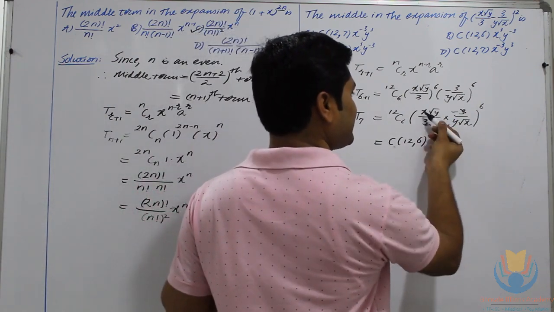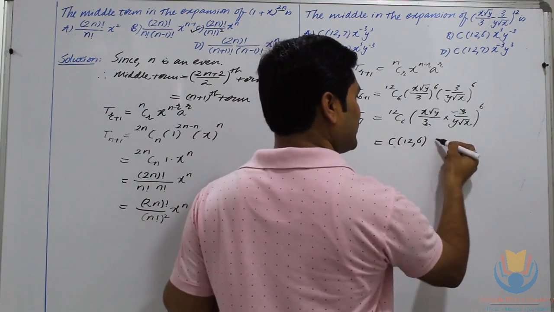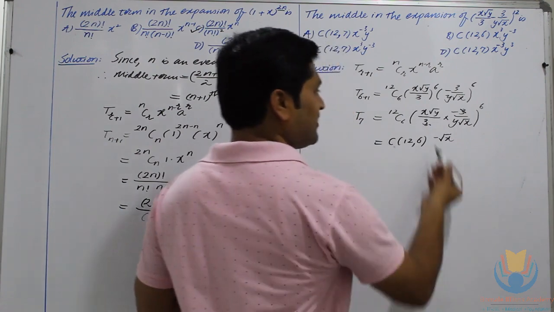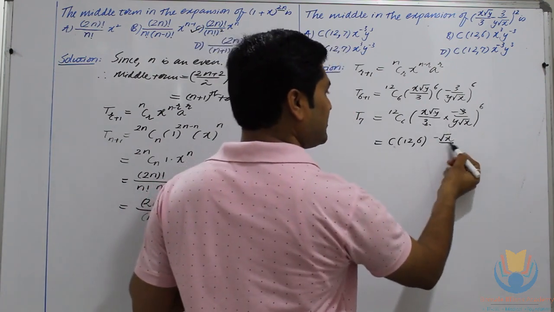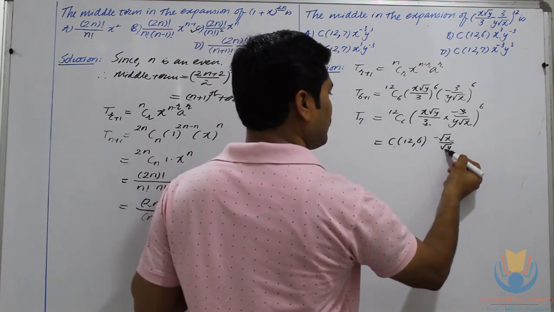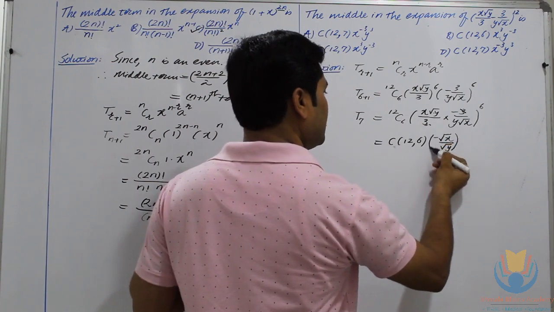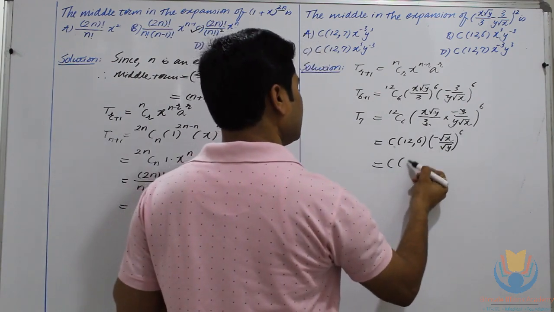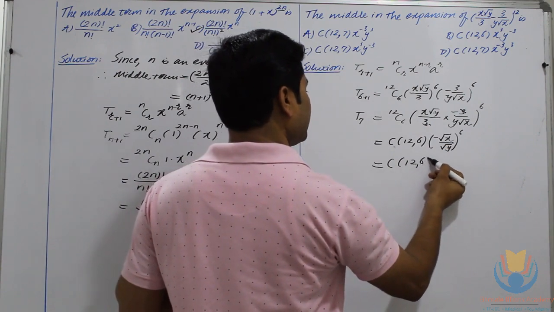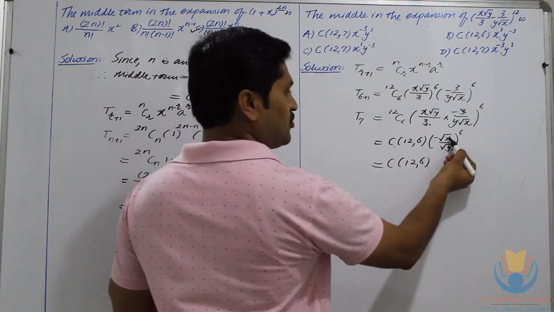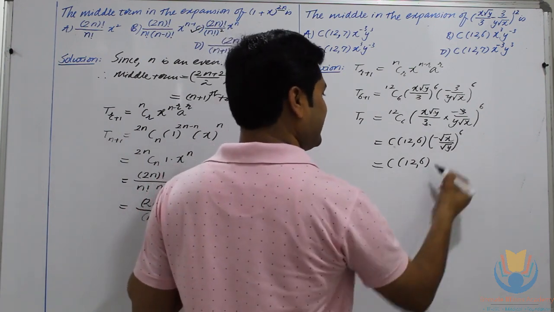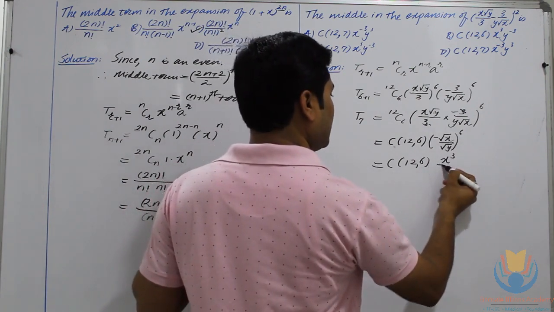As you can see, this root x and this root x are going to get cancelled. We are left with root x in the numerator. Again this root y and root y will get cancelled, and we are left with root of y in the denominator, and that whole raised to 6. So let this combination C(12,6) be as it is. So root of x raised to 6 is x cube.